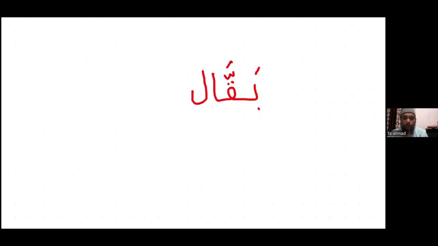Let's see other example. Is hammal, ha and Mim, ha and Mim shadda and fatha, Mim fatha. So it means Mim is double. Now read it. Hammal.